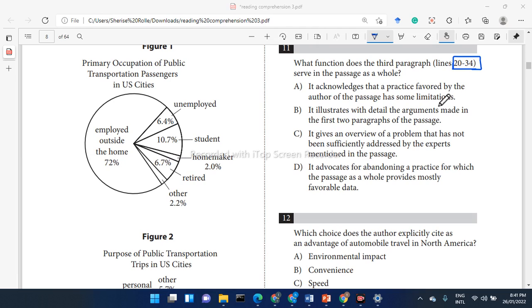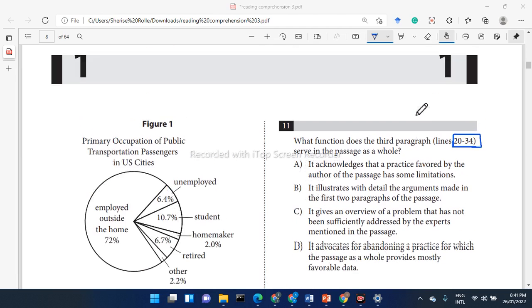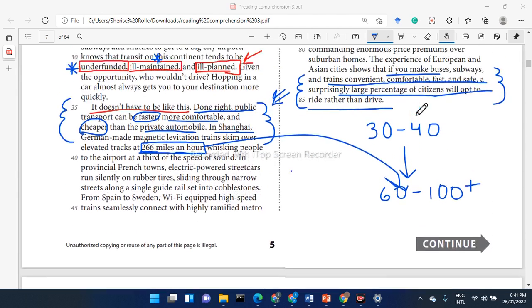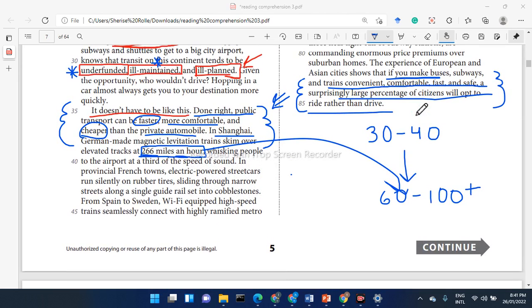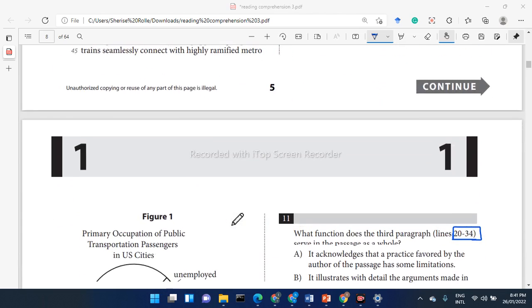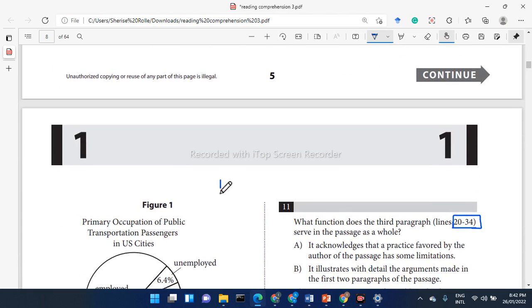What is the author really pushing us to do? What is the author trying to bring to us in a favorable light? You know what I mean by a favorable light? What is he trying to show us the benefits of?